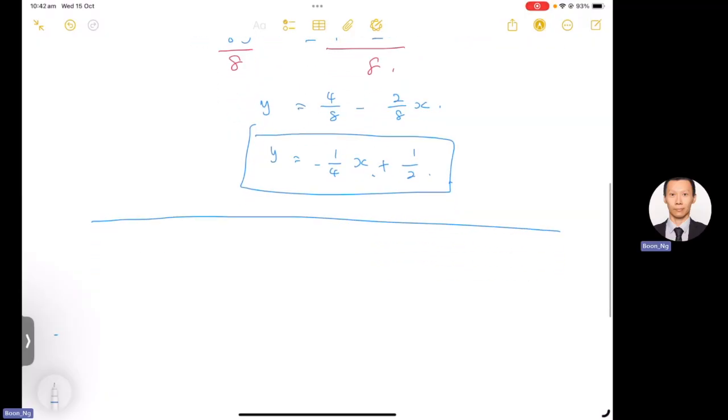Now the next example we will be going through is that we need to graph a linear function, and the slope is negative 2 over 3, with a y-intercept.